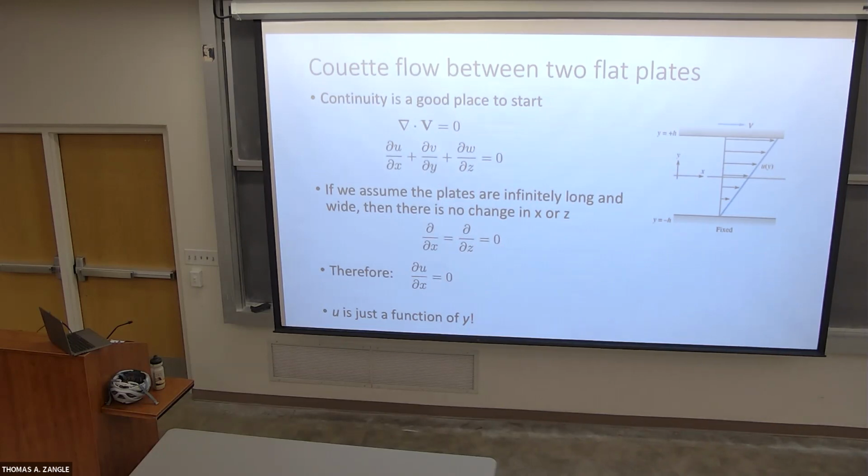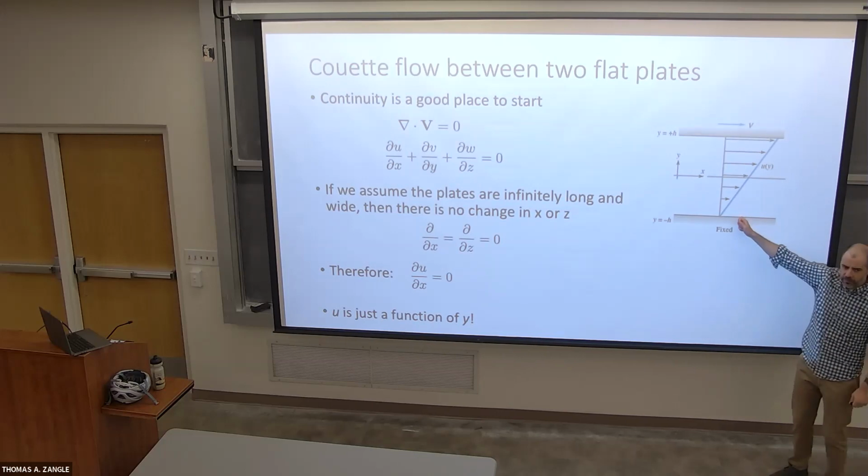So if we have dv/dy equals 0, what does this tell us? The y velocity component v is equal to some constant.